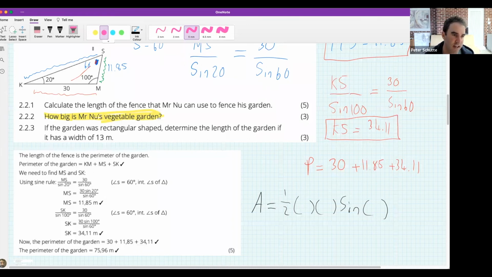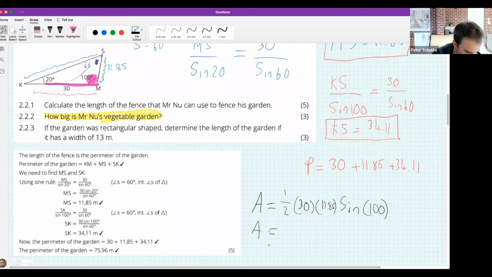I could choose any of the sides, but I'm going to choose these ones because it feels like that would be the easiest. But someone might have chosen different ones, and you'll still get the right answer. So 30, then 11.85, and then the sine of 100. And what answer are we going to get then?